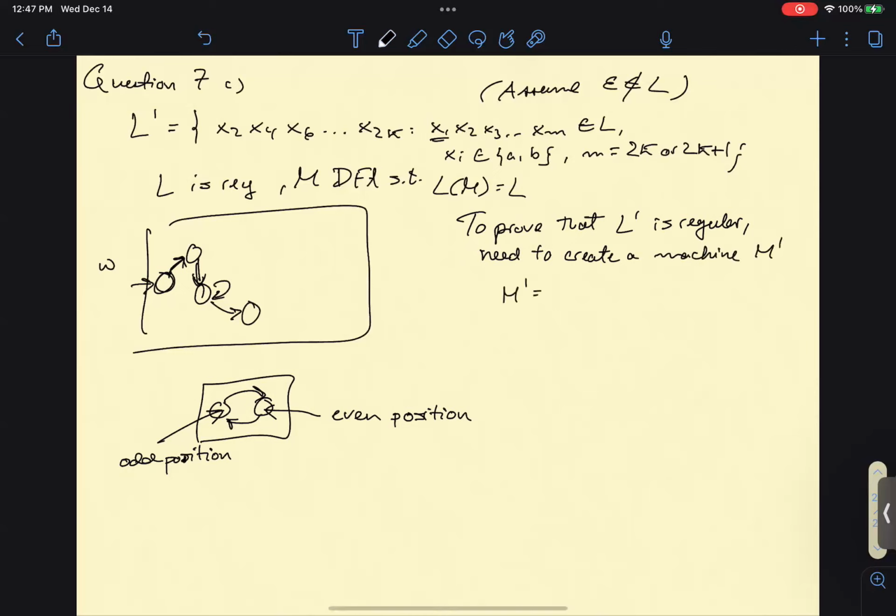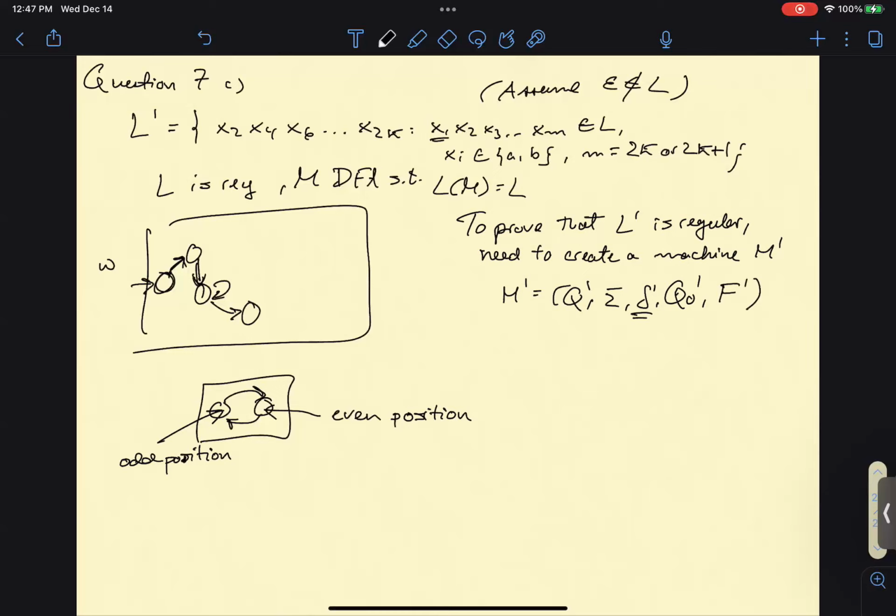It's a set of states, an alphabet, a transition function, here I'll just use delta prime as my notation, then a set of initial states and a set of final states.